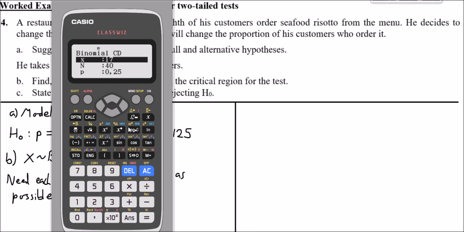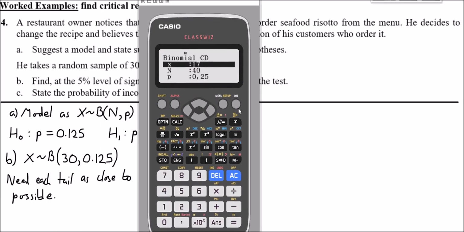So AC, or go to binomial CD from scratch: menu, option 7, scroll down to binomial CD, option 1, and then variable. So here what we need to do is type in the number of customers is 30, and the probability of a customer choosing this dish is 0.125.